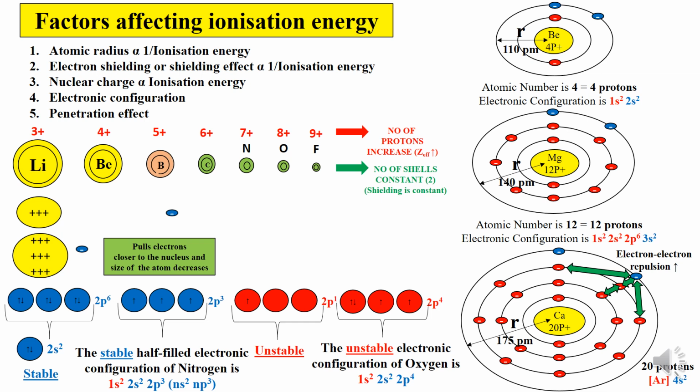Like in the case of helium, the 1s orbital is completely filled with 2 electrons. And even in the case of neon, you can see that the 2p orbital is completely filled. So the electronic configuration of neon is 1s2, 2s2, 2p6.